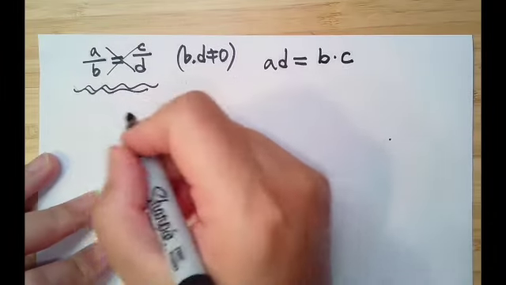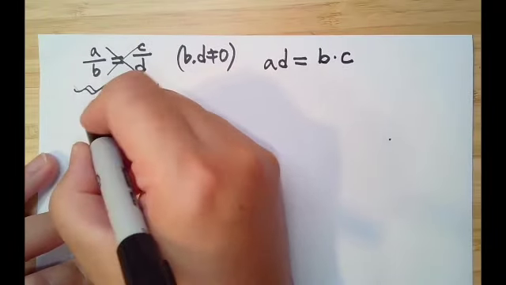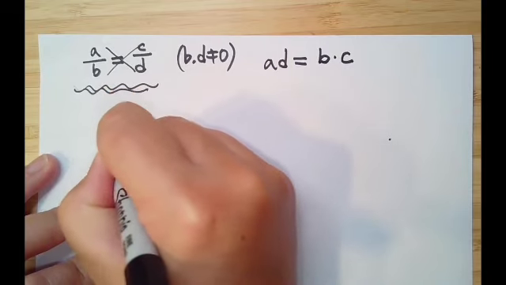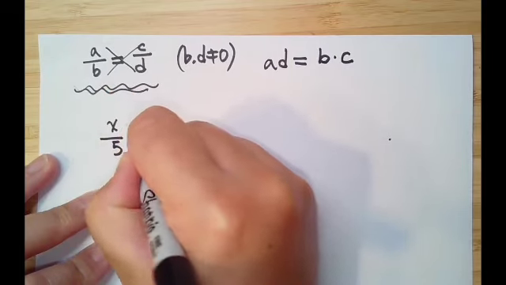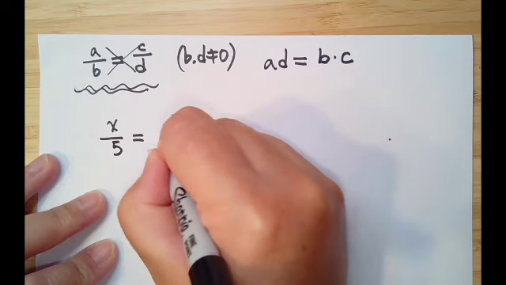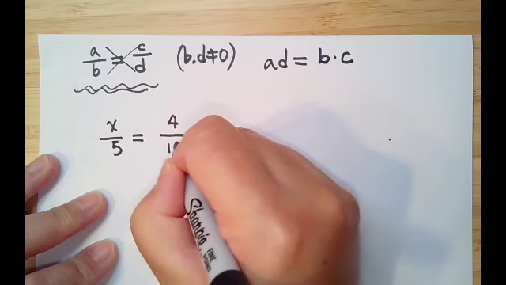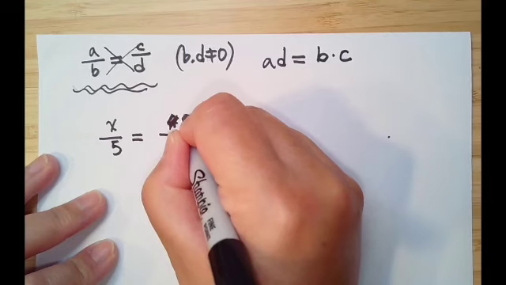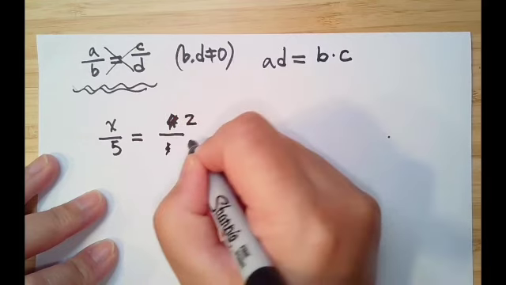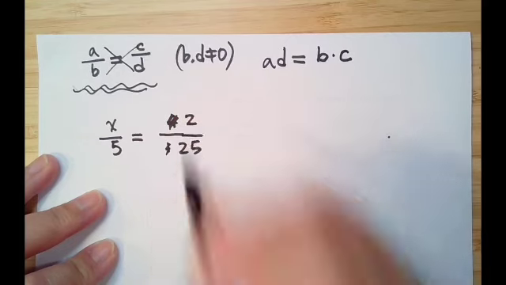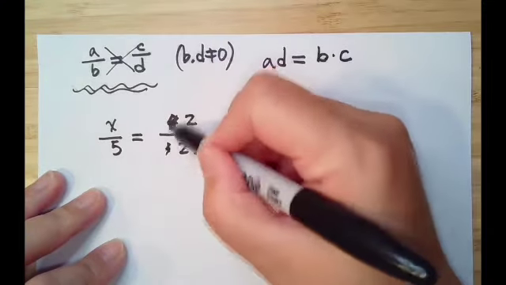Okay, for example, if I ask you for x over 5 equals 4 over 10. It's not a very good one. 2 over 25, that's better. Okay, so cross this out.